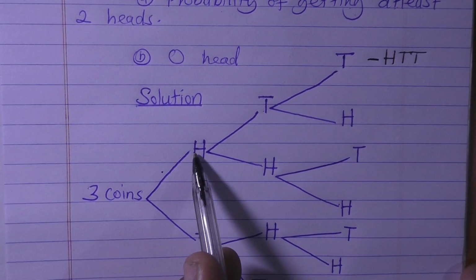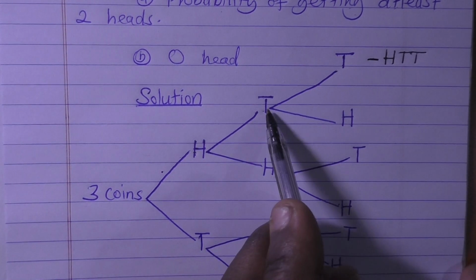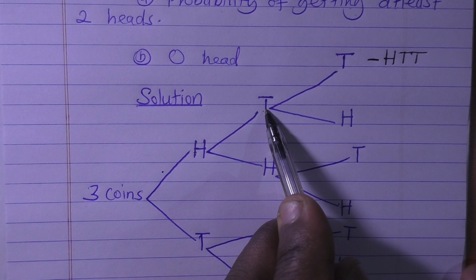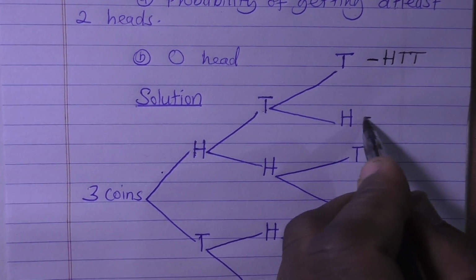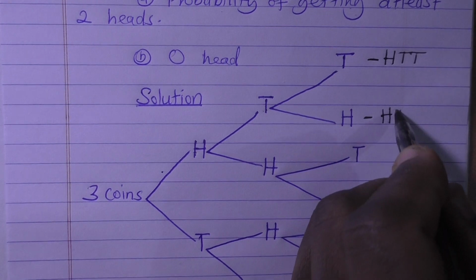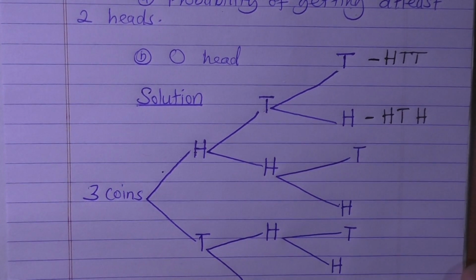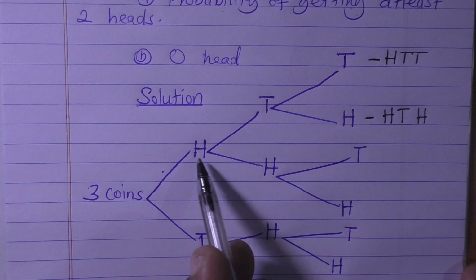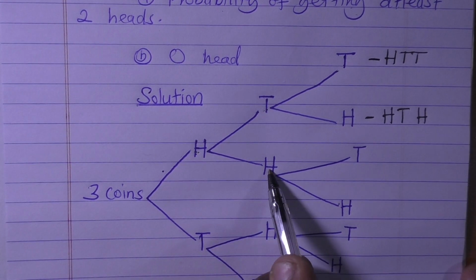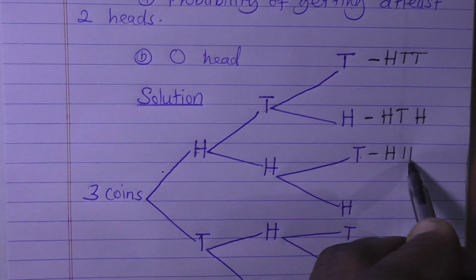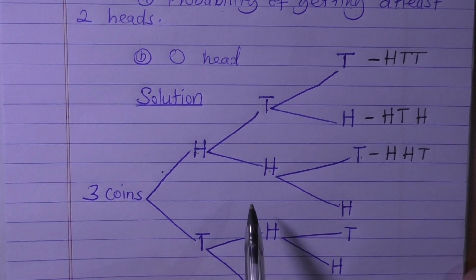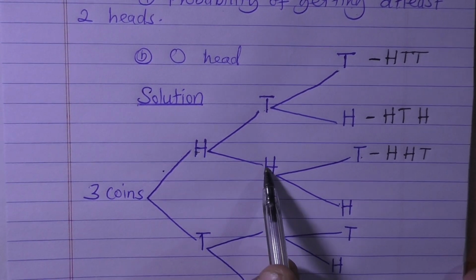Or we can have a head in the first, a tail in the second, and a head in the third. So that gives us head, tail, head. Or we can have a head, head, tail. Or we can have head, head, head.